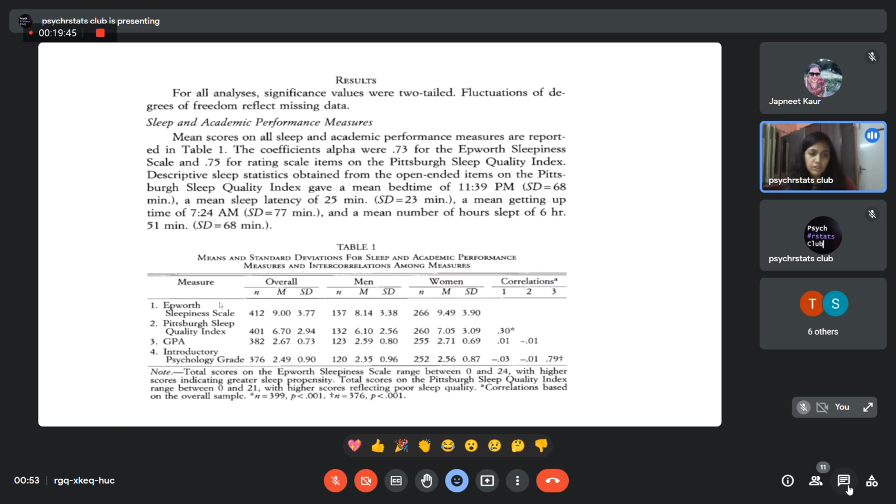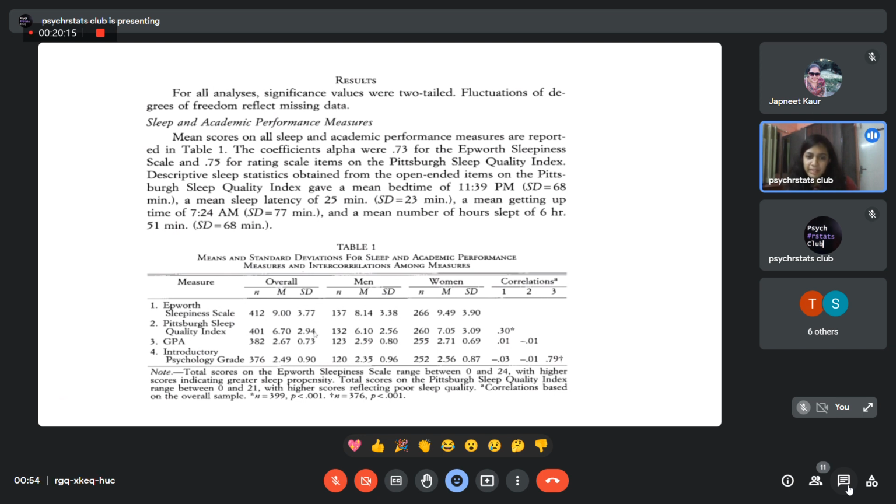Here, for all of these scales, the sleepiness scale, Pittsburgh Sleep Quality Index, GPA, and introductory psychology grade, they have mentioned their mean and their SD for men and women. They have also looked at correlation between these scales. We can discuss correlation later when we are on that topic. Let's just right now concentrate on this.